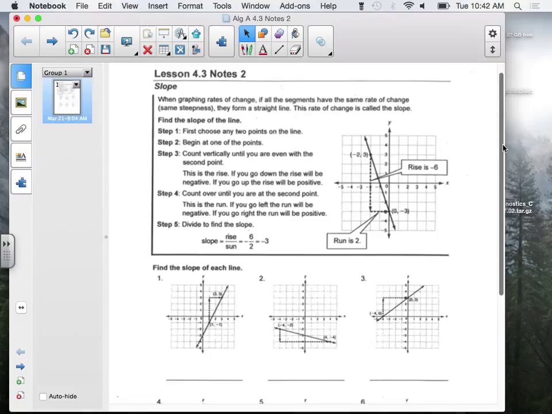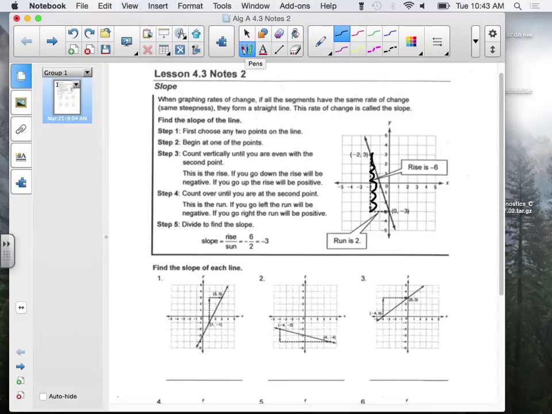In rate of change, what goes upstairs? Because we have fraction answers, right? The rise. So to start out, you count vertically. Starting at -2, 3, you go down 1, 2, 3, 4, 5, 6.